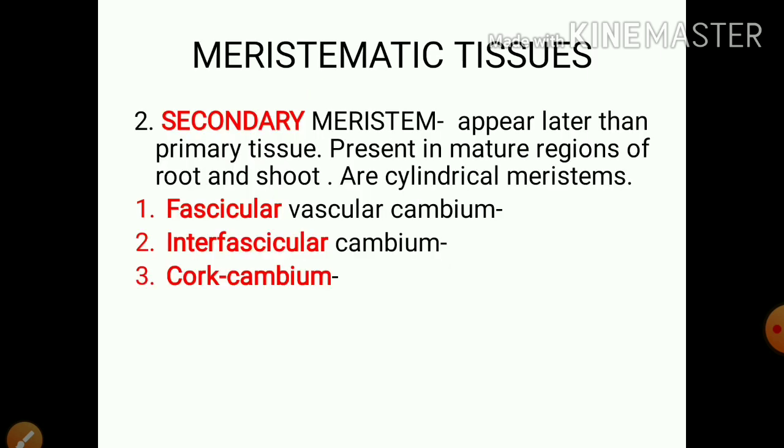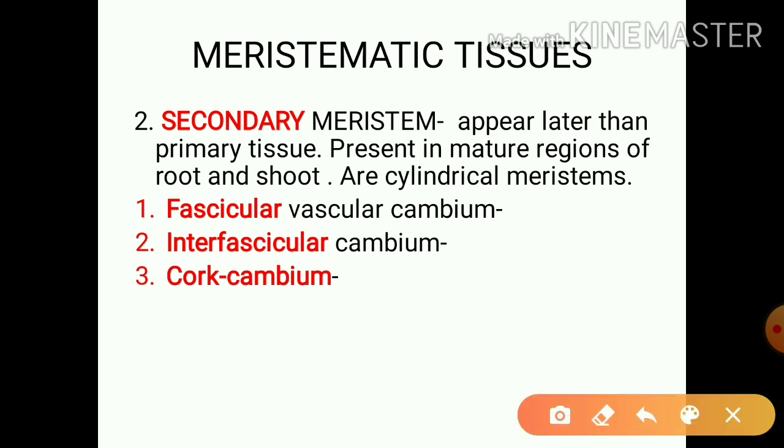Second one is secondary meristem. It appears later than primary tissue and it is present in mature regions of root and shoot. They all are cylindrical meristems. They are of further three types.